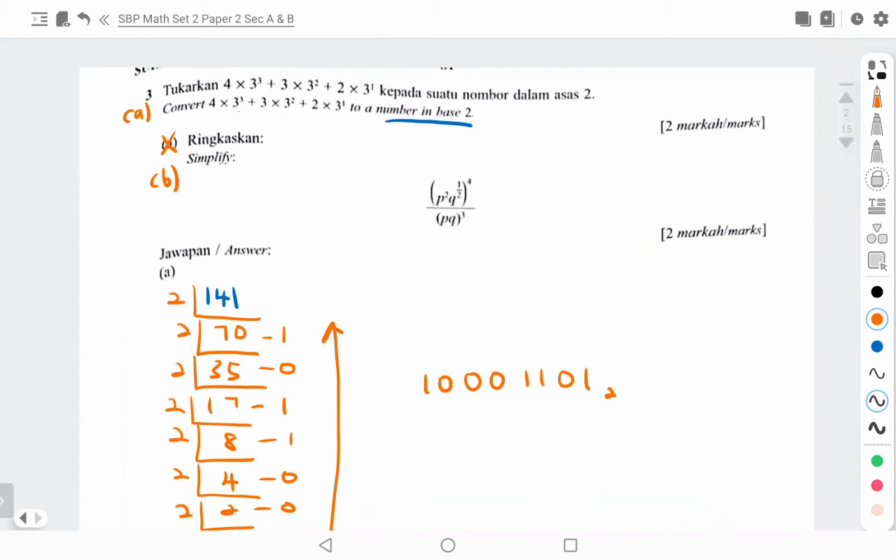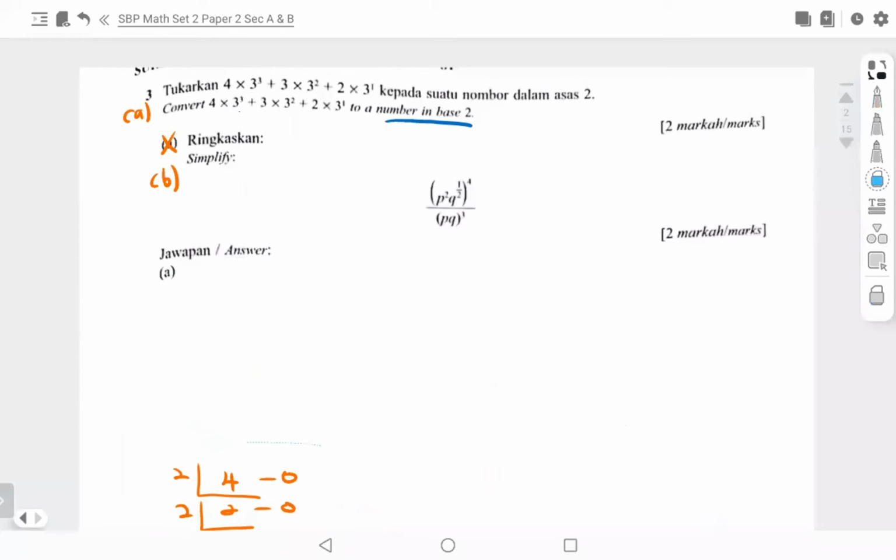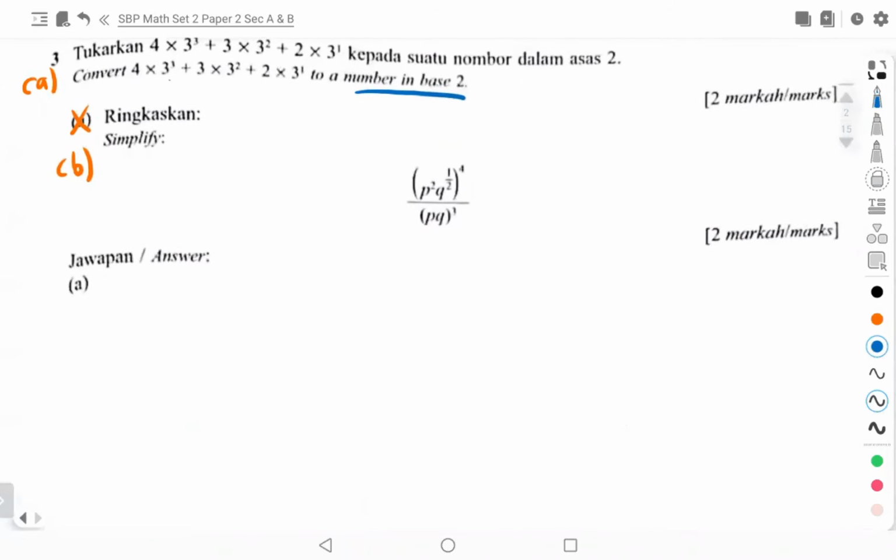Simplify indices. So, a simple one. For indices, if you have a power outside, remember to multiply it into each base. So you can write like this: p squared times 4, each base you separate.